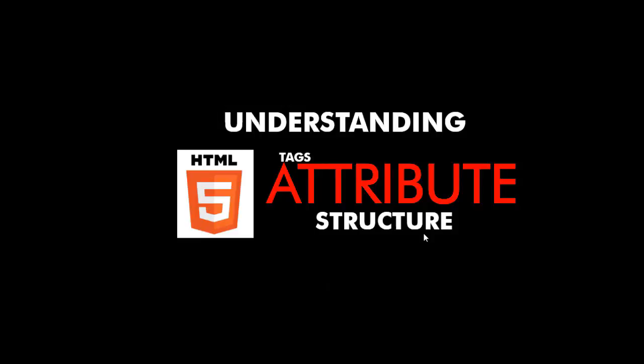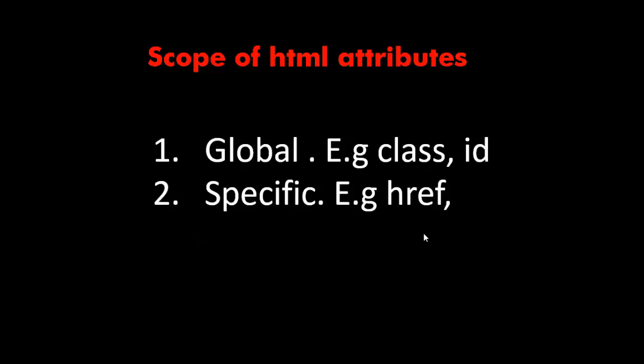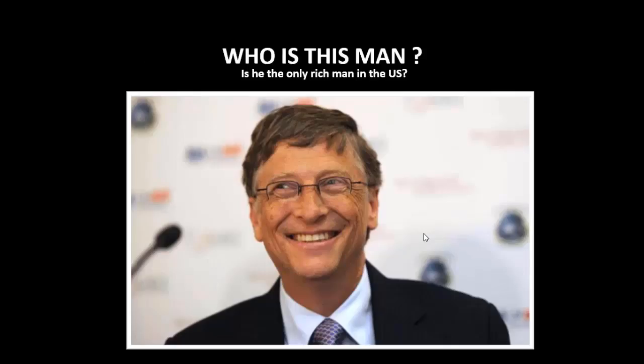It's very important. Some attributes are global. That is, all HTML tags have them, e.g., the class and ID attribute. To explain the class attribute, let me ask you this question. Who is this man? Bill Gates. Is he the only billionaire in the US? No. So, billionaire is a class because it refers to a status where a person has an estimated net worth of $1 billion or in other currencies.